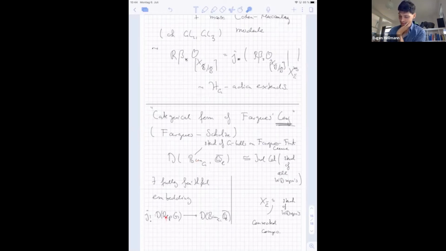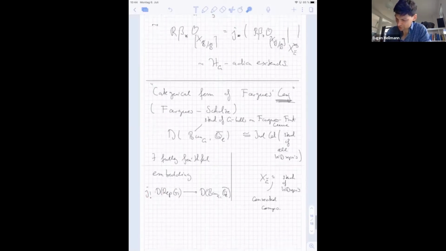But this embedding is, in some sense, suggestively written in geometric terms. So really you have the inclusion of the classifying space for this group, this p-adic group, into Bun_G.